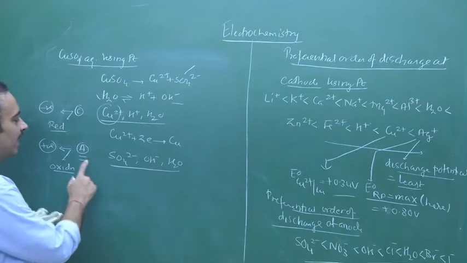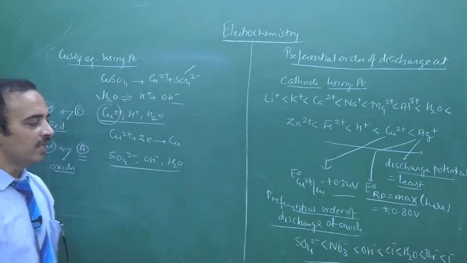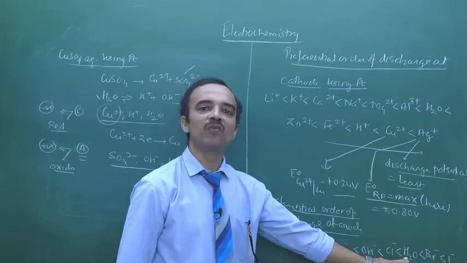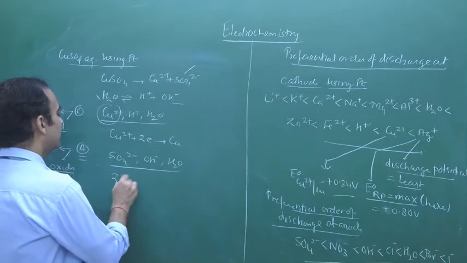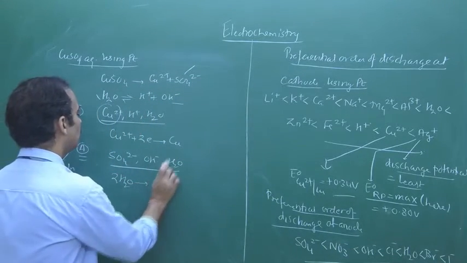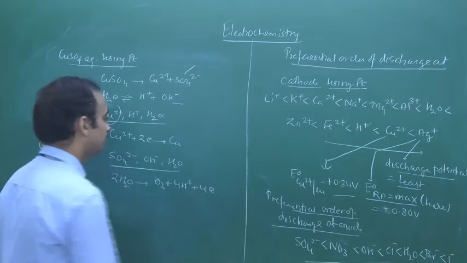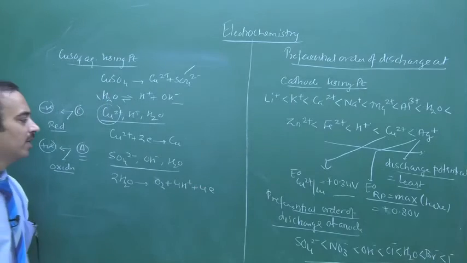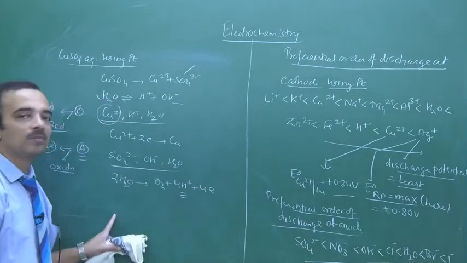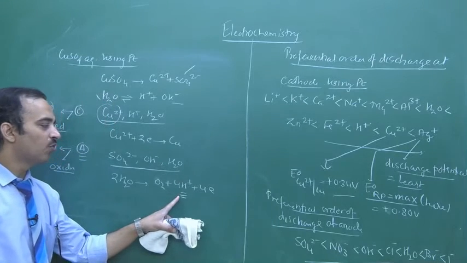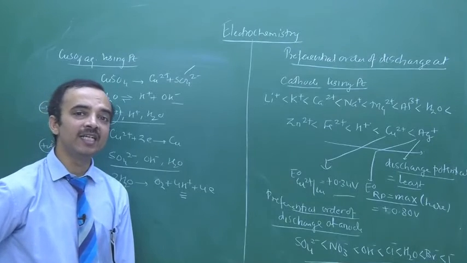Now at anode, in a competition between these three, water will get oxidized preferentially. So 2H2O converts to O2 plus 4H+ plus 4 electrons. Is it clear? Now you see H+ is formed around anode, so the solution becomes acidic around anode.